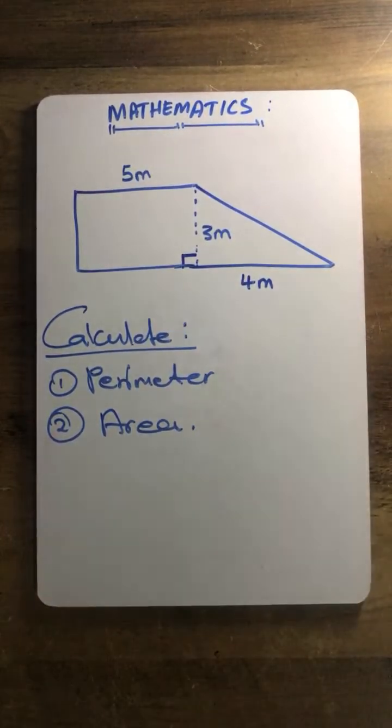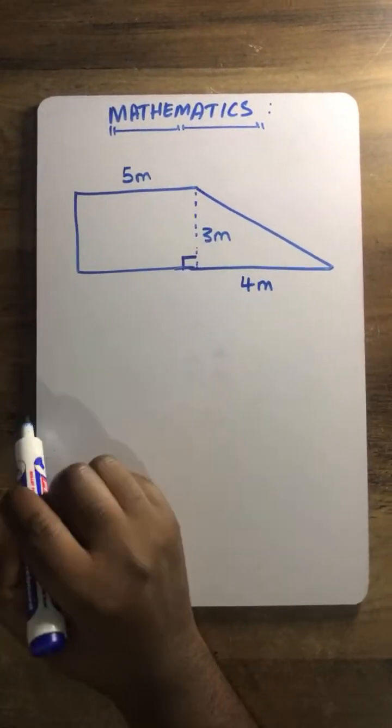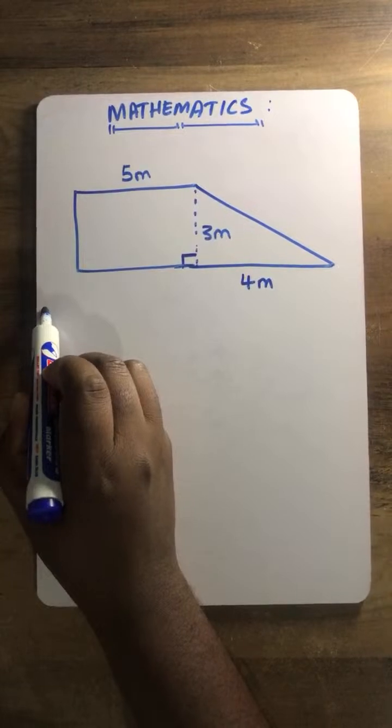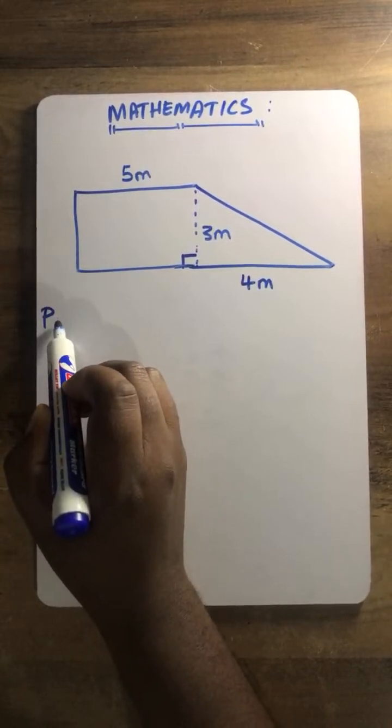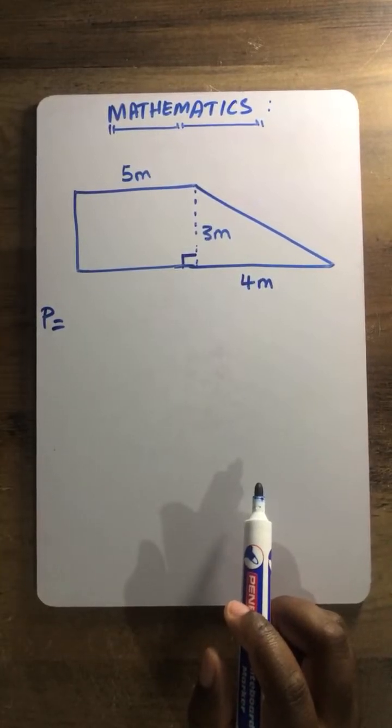So I think let me remove this and then let's start with the perimeter. Yes, I'm going to start with the perimeter.